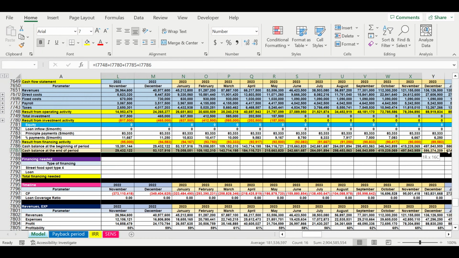So for example, we have the basic values of financial efficiency, and we would like to see what will happen to the business if the amount of checks for street food spot type 6 will increase or decrease. So we can go here, press equals, multiply this parameter by this cell, then press enter.